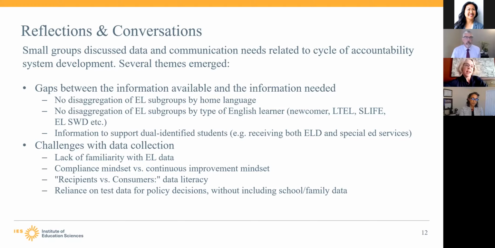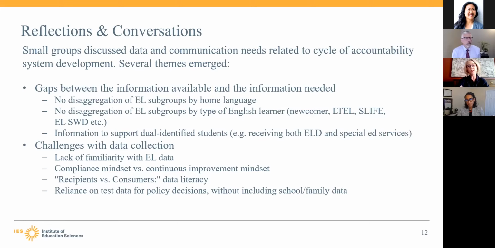Indeed, there were gaps in the information available and the information needed, such as states and districts were not able to disaggregate English learner subgroups by type, including newcomers, long-term English language learners, students with limited or interrupted formal education, and English learners with disabilities. And relatedly, information was lacking to support students receiving multiple services, such as English learners with disabilities.